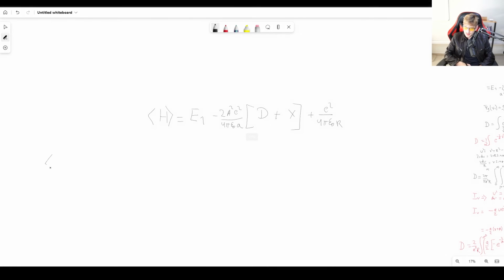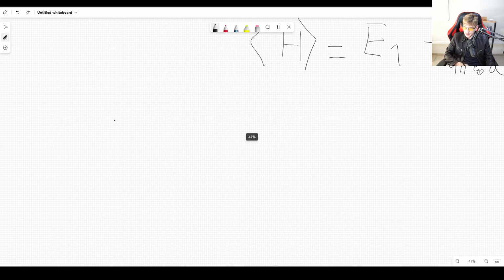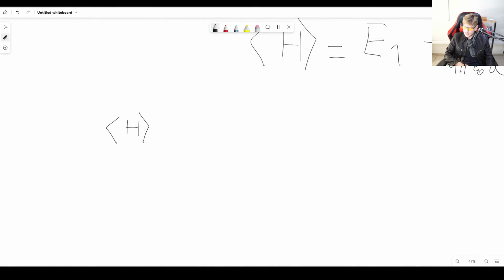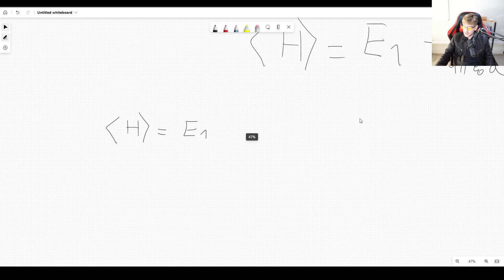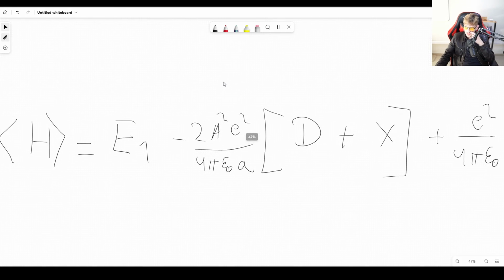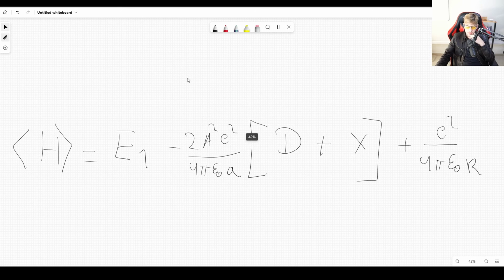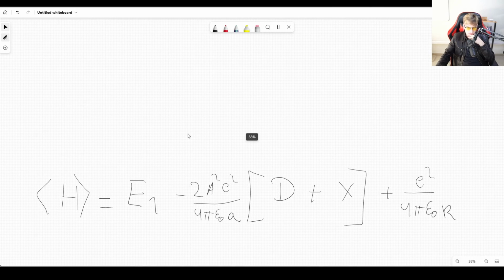So actually I'm going to zoom in and do it like this. So we have E1, and then we have this bunch of ugly looking numbers. But we know, right, that E1 is minus e squared over 4 pi epsilon 0 times 1 over 2a.